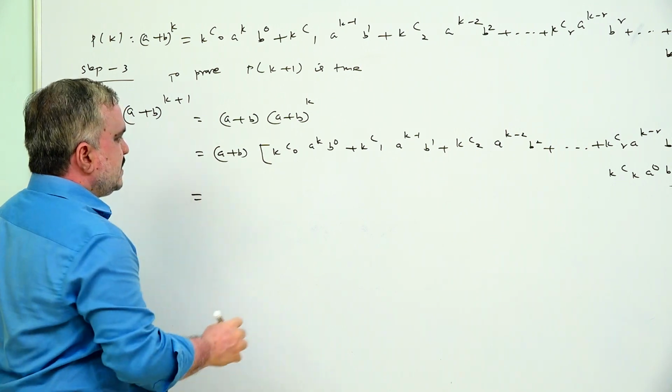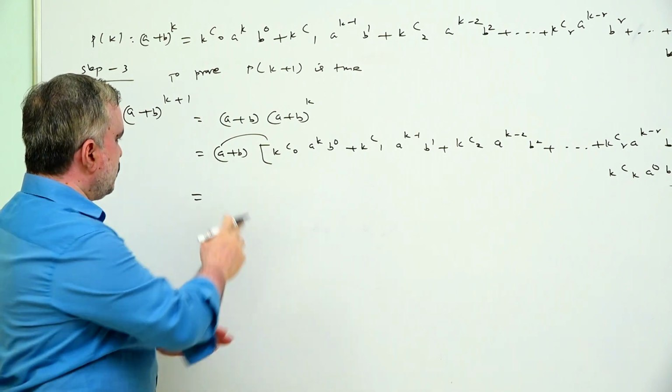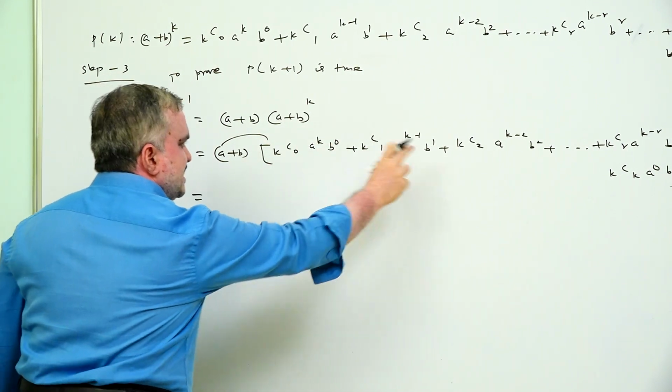Next we multiply with a to every term of the bracket.